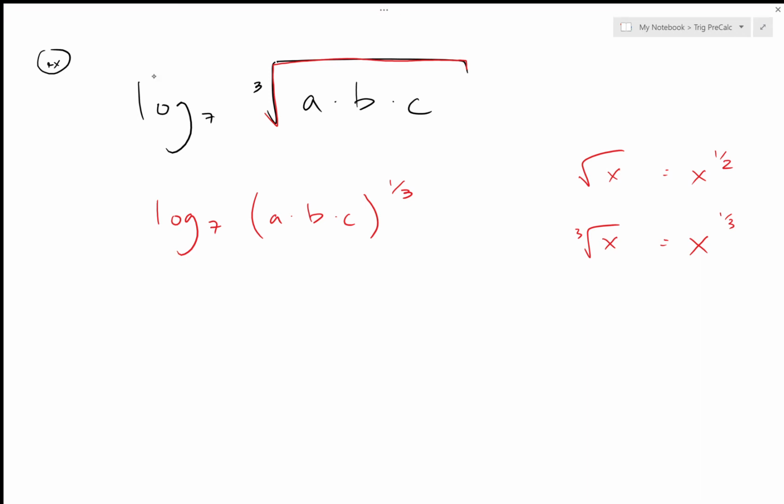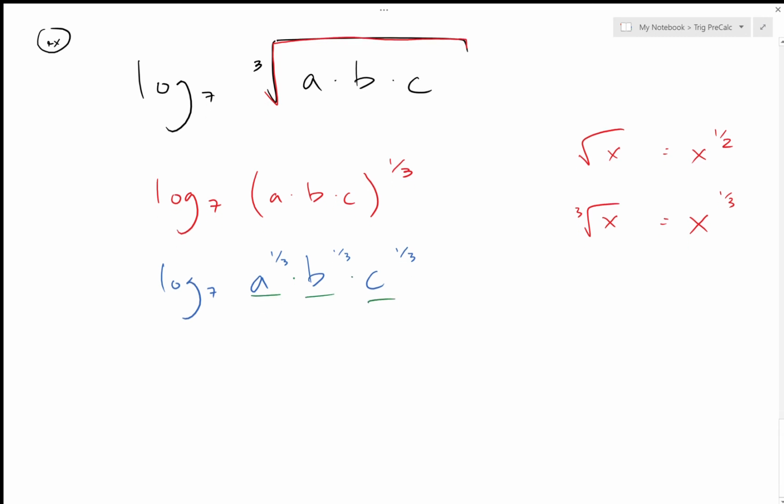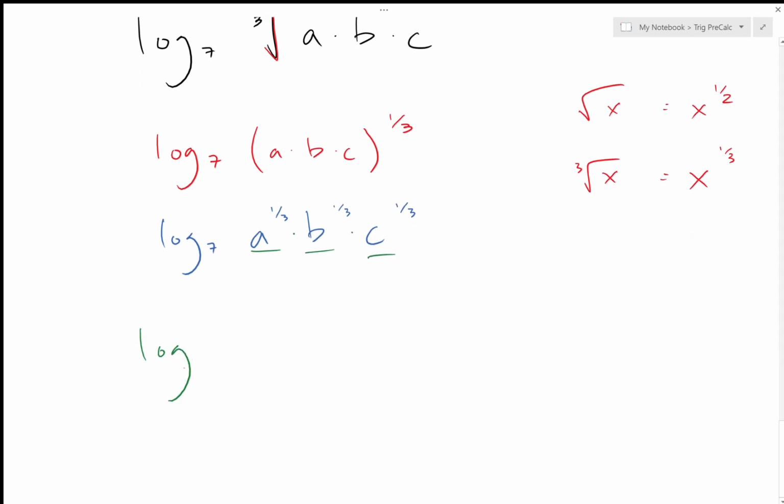Or if you want to put that 1/3 on everything, a to the 1/3, b to the 1/3, c to the 1/3, still log base 7. So this time it's made up of 3 pieces. We have the a, the b, and the c. So we're going to expand this into 3 logs.